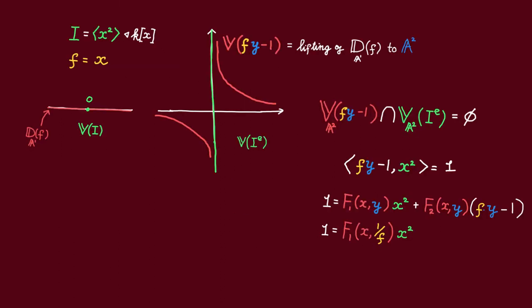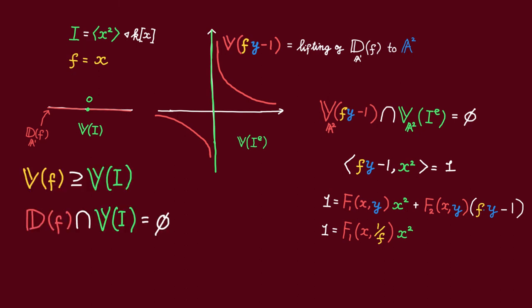Before we finish, let us quickly recap the idea behind Rabinowitsch's trick. Here what we have was a polynomial f that vanishes on the zero set of some ideal I, and we wanted to show that some power of f is going to lie in I. So what we have is that the zero set of f contains the zero set of I, or equivalently, the set of non-zeros of f is disjoint from the set of common zeros of I. Now what Rabinowitsch did was to push everything into a higher dimension by introducing a new variable.